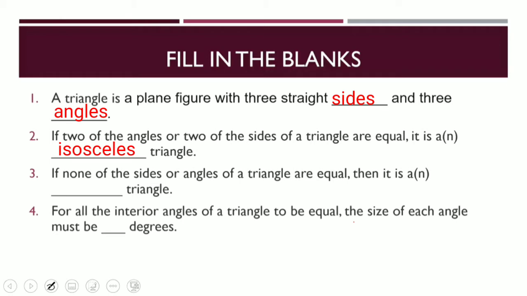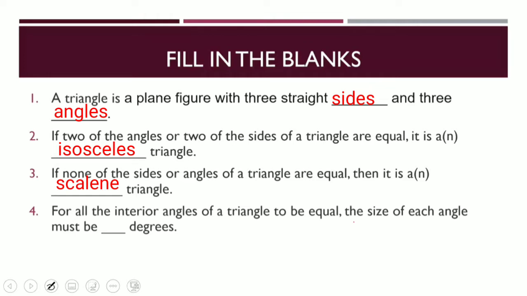Number 3, if none of the sides or angles of a triangle are equal, then it is going to be what kind of triangle? Of course, this one also has a special name. If your answer is scalene triangle, then you are correct.